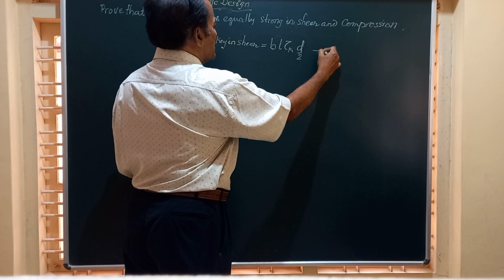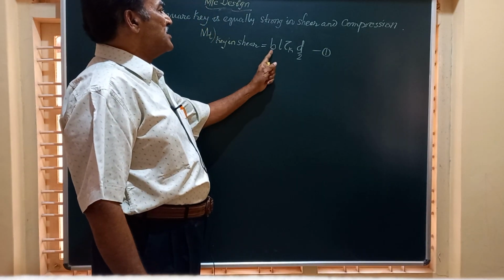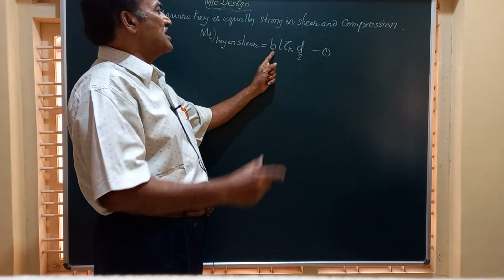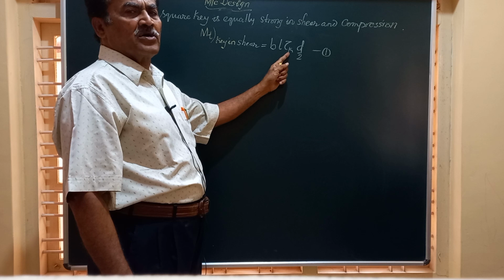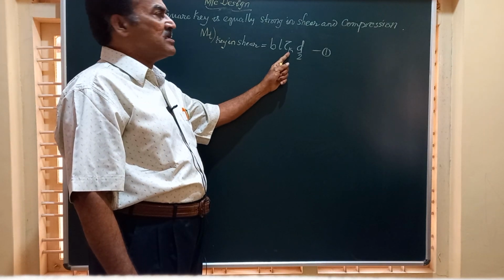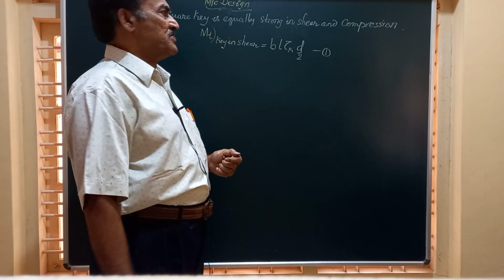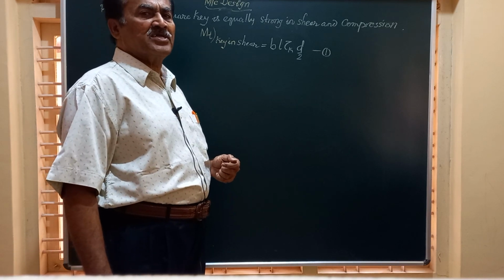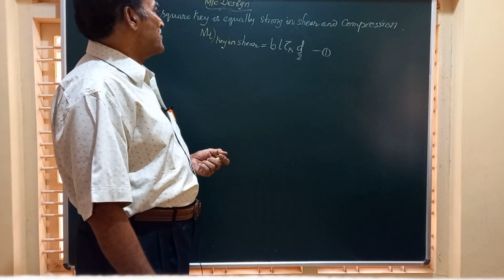Let's call this expression number 1. Where B stands for the width of the key, L is the length of the key, tau K stands for the shear stress for the material of the key, and D by 2 is the radius of the shaft. If shaft diameter is D, then D by 2 is the radius of the shaft.